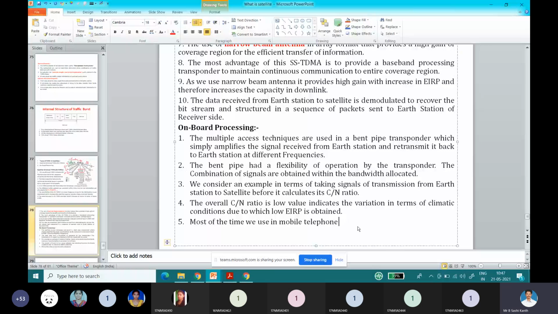Onboard processing and Ka band satellites are provided with internet access.